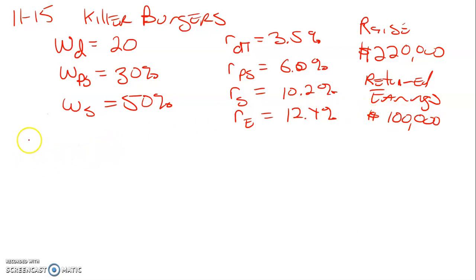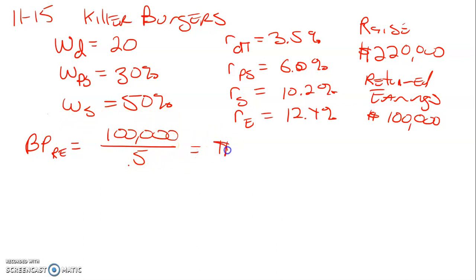So the break point for retained earnings is the retained earnings generated, $100,000, divided by the weight of equity. So that's $200,000. That means the company is going to have to issue new common equity, because they need $220,000, and anything over $200,000 is going to result in new common equity.